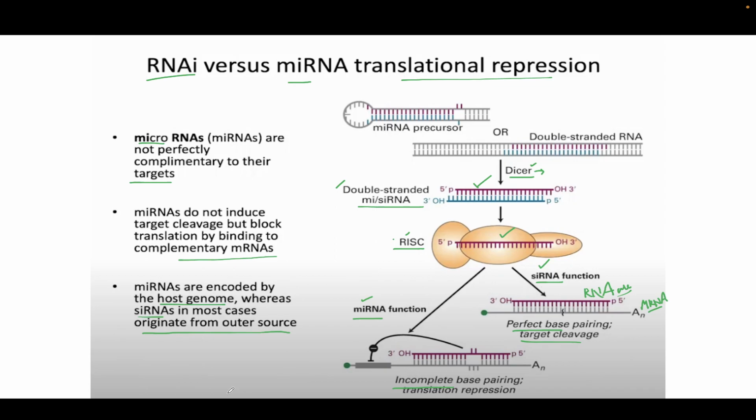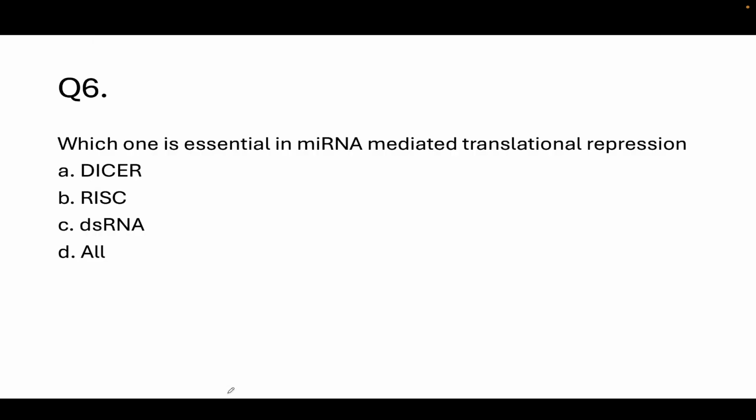Got it? So which one is essential for miRNA mediated translational repression? So your answer is all. Everything is important. Dicer is an endoribonuclease, RISC is an RNA induced silencing complex, and double stranded RNA will lead to cleavage in case of siRNA, but in case of miRNA it will just lead to translational repression.